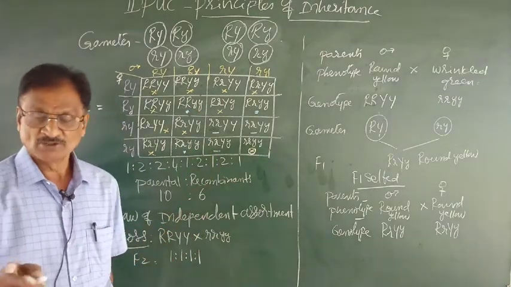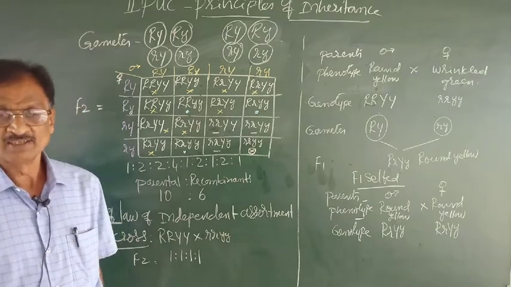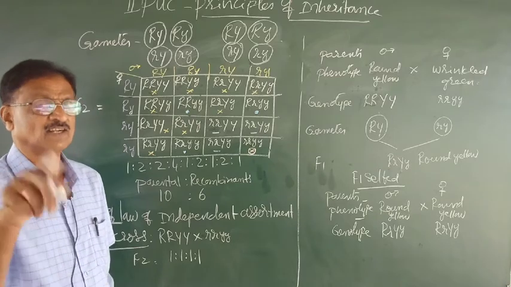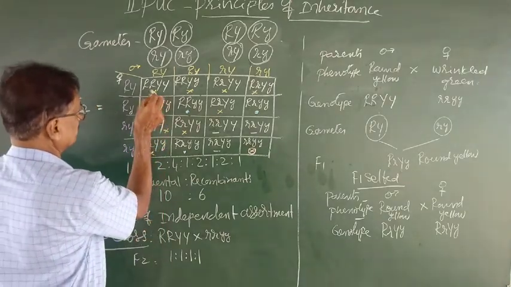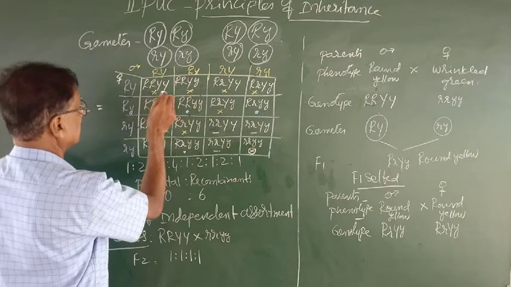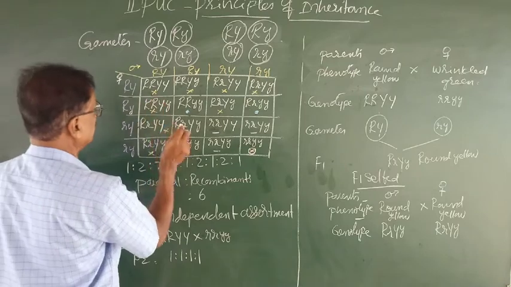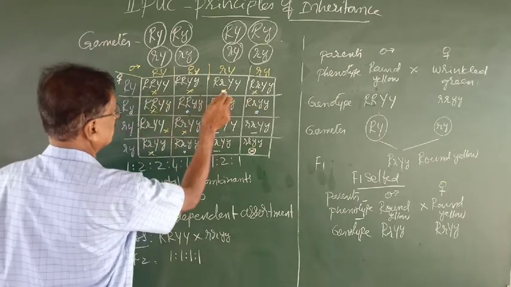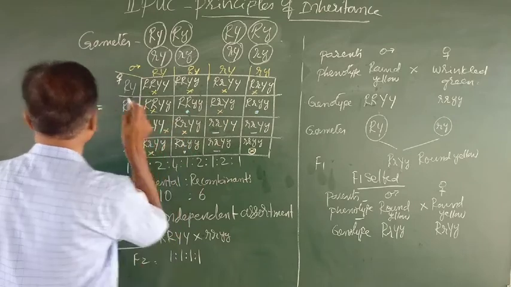Now let us count how many round yellow, round green, wrinkled yellow and wrinkled green there are. Observe this sign, it represents round yellow. Let us count how many are there: 1, 2, 3, 4, 5, 6, 7, 8, 9.